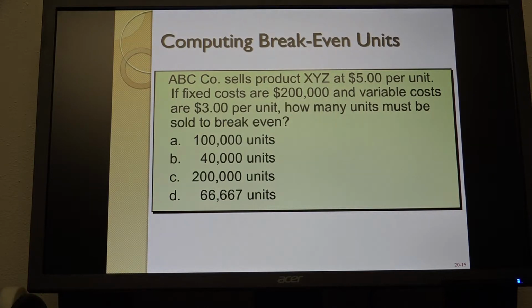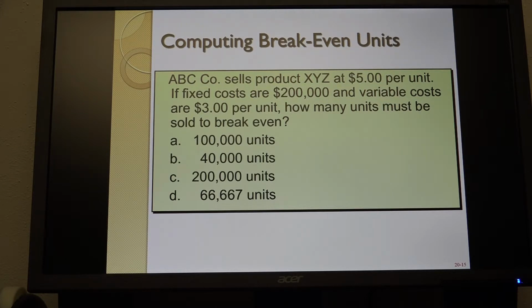All right, so we have an example here. ABC company sells product XYZ at $5 per unit. If fixed costs are $200,000 and variable costs are $3 per unit, how many units must be sold to break even? Well, let's see.